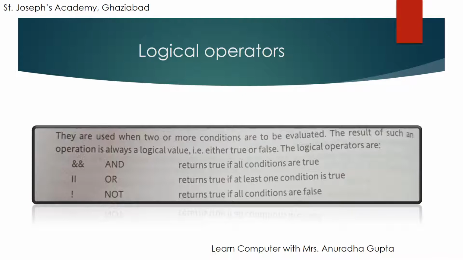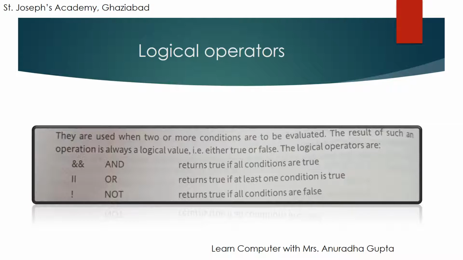Let's first talk about the logical AND. Suppose we are comparing two conditions. If both conditions are true, then only logical AND returns true. Let's move to the next, logical OR. In the logical OR, if at least one condition is true, then it returns true.